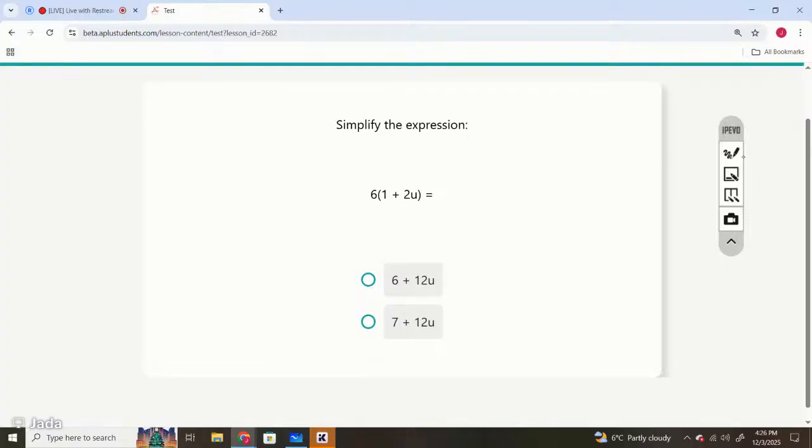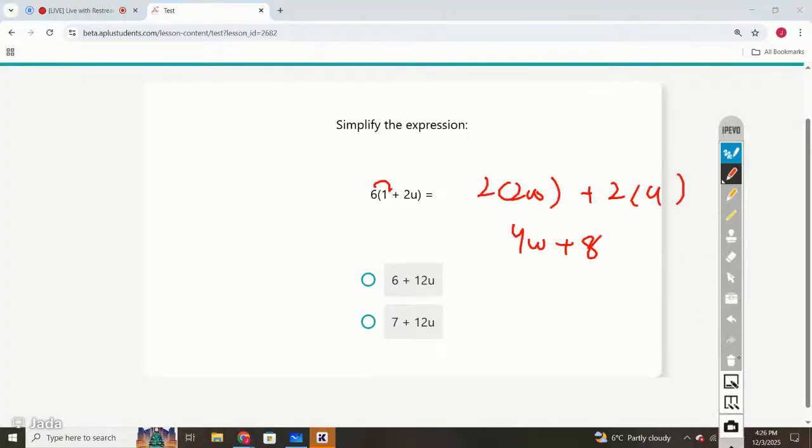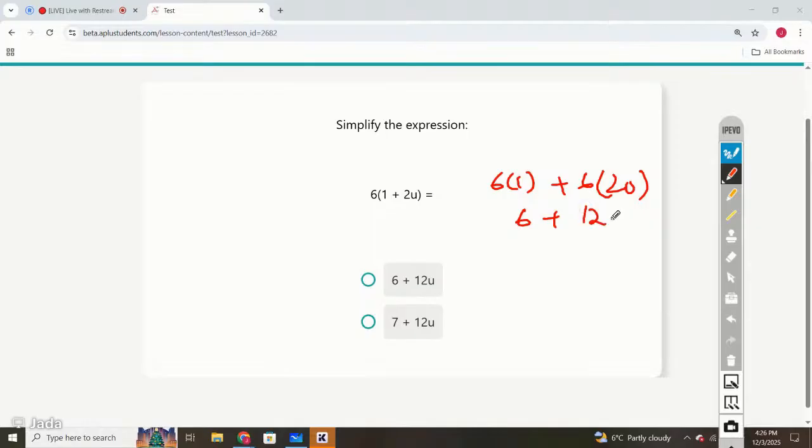Simplify the expression. That is 6 times 1 plus 6 times 2u. 6 times 1 is 6 and 6 times 2 is 12.